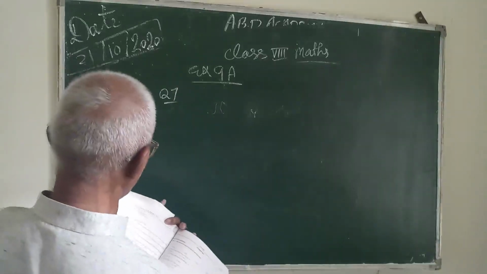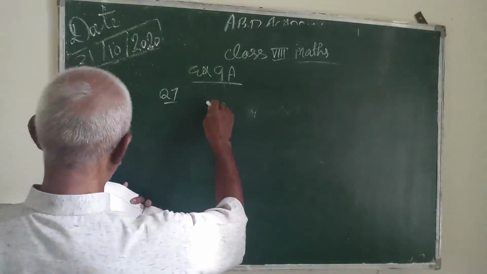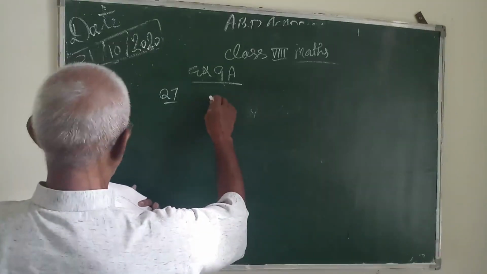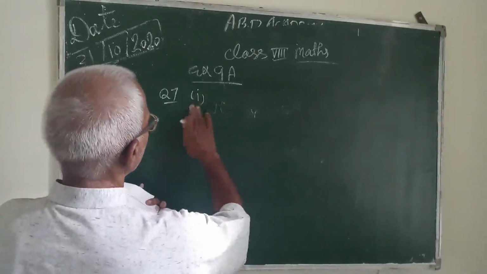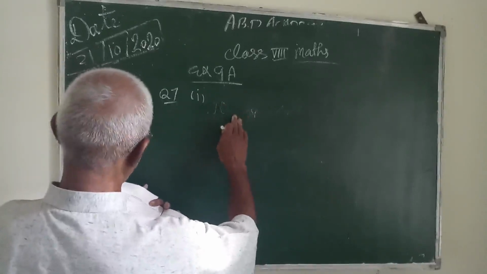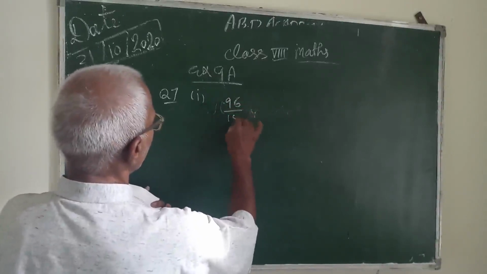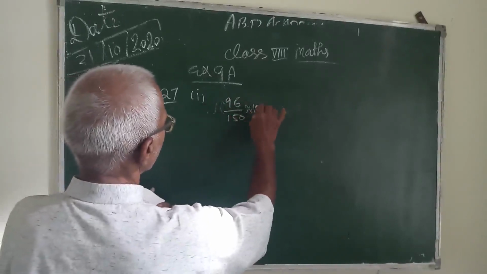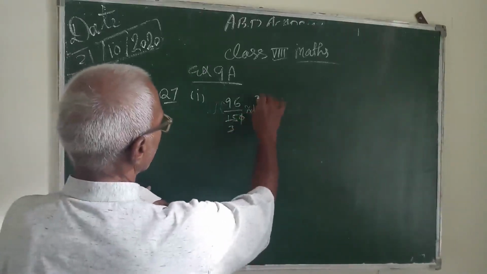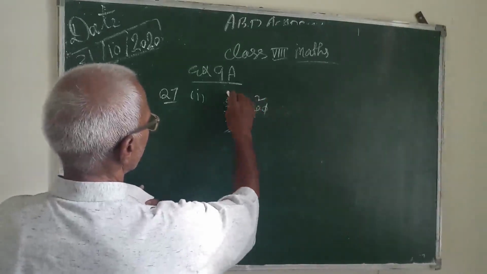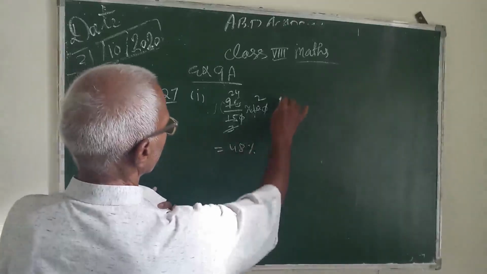What percent of 150 is 96? It asks, 96 is what percent of 150? So the required percent will be 96 upon 150 into 100. Cancelling, it becomes 48%.